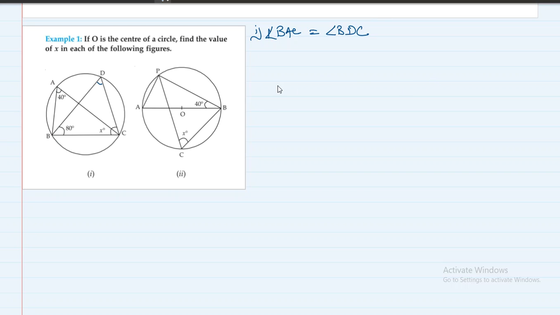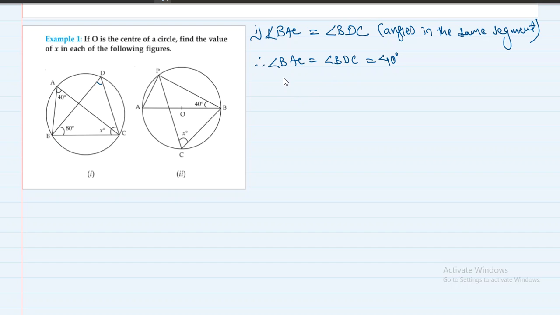Because they are angles in the same segment. Angles in the same segment. So therefore angle BAC is equal to angle BDC is equal to 40 degrees.